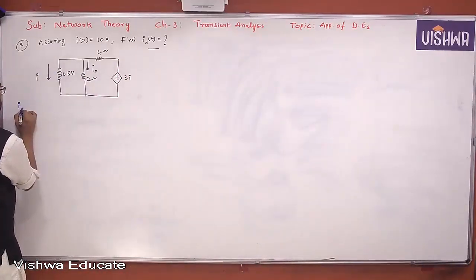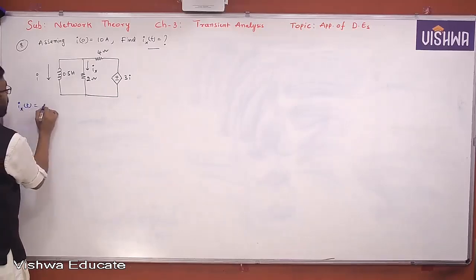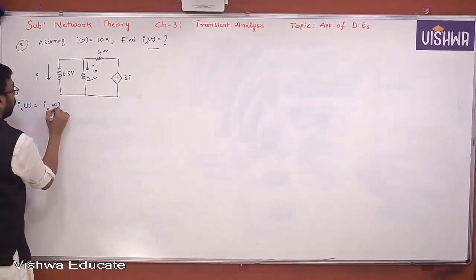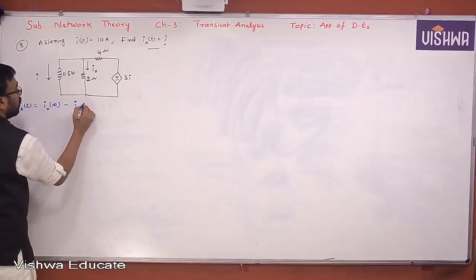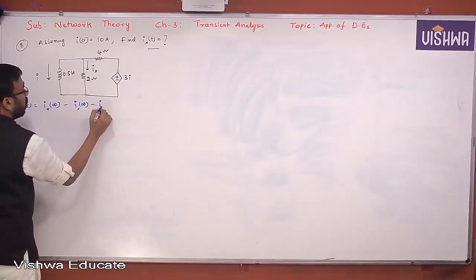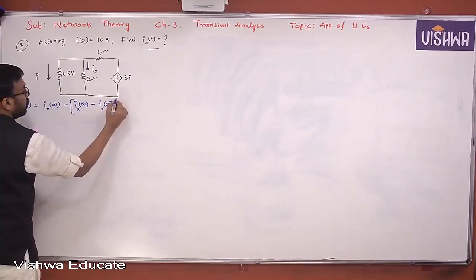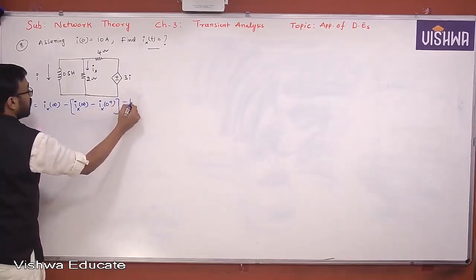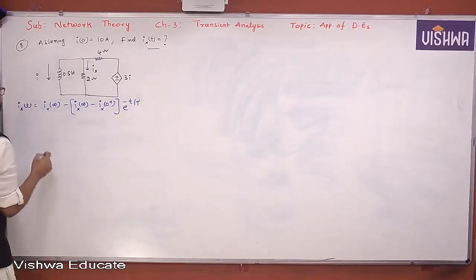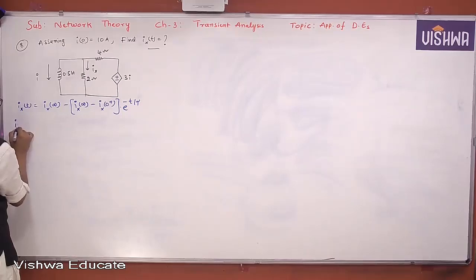Ix of t is nothing but Ix of infinity minus Ix of infinity minus Ix of 0 plus, into e power minus t by tau. First, we would like to go with Ix of 0 plus. What is Ix?